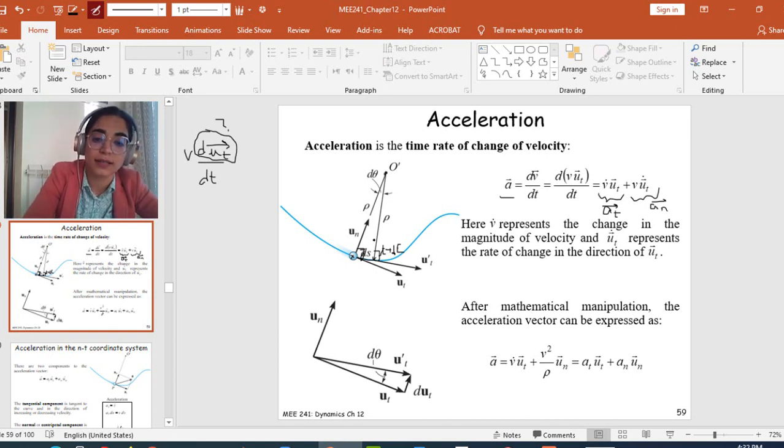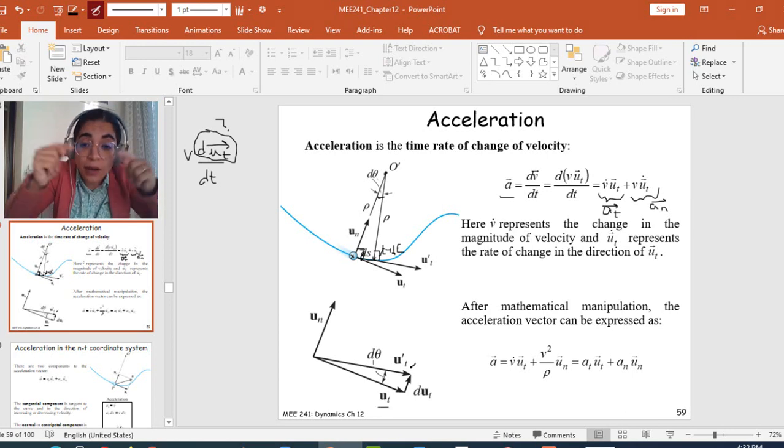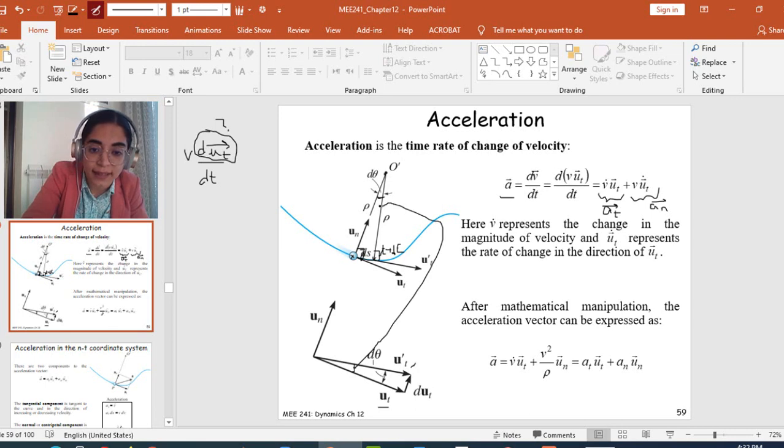And this means, guys, that since un and un prime have an angle of d theta because I have a small ds, then ut and ut prime must also have the same angle d theta. So this d theta should be equal to this d theta, two perpendicular lines. Alright, so if I now start by this figure, what is the tangent of d theta?